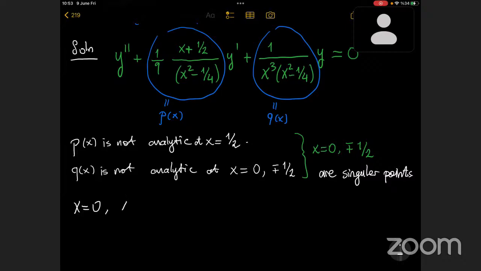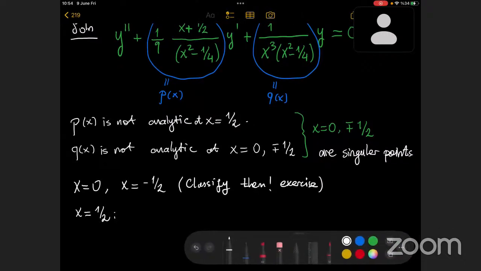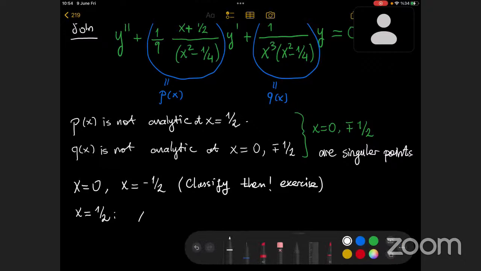X is equal to 0, x is equal to minus 1/2. Classify them. Exercise. Let us check the other one. X is equal to 1/2. For this, we multiply P by x minus 1/2.